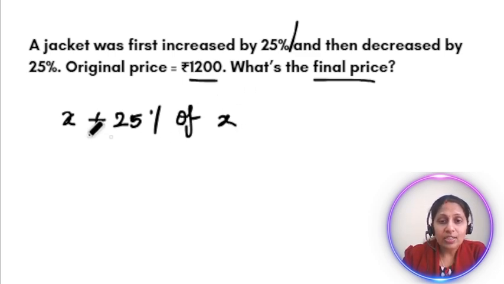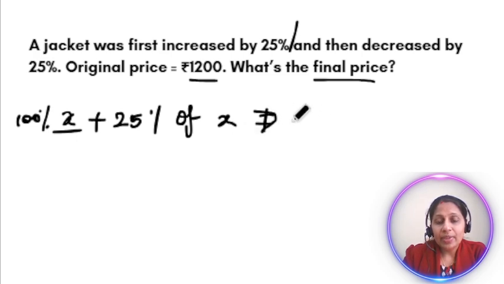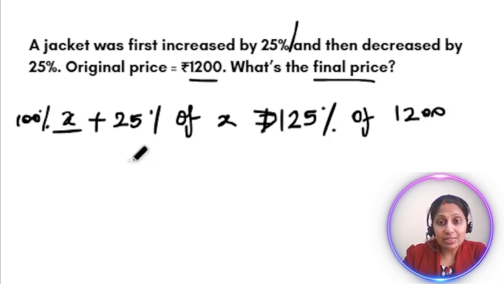X means the total value, which is 1,200 itself. So 100% of 1200 plus 25% of 1200 is nothing but 125% of 1200.